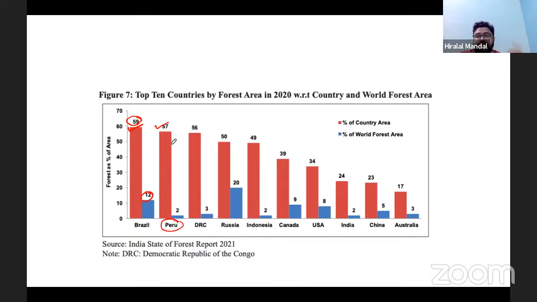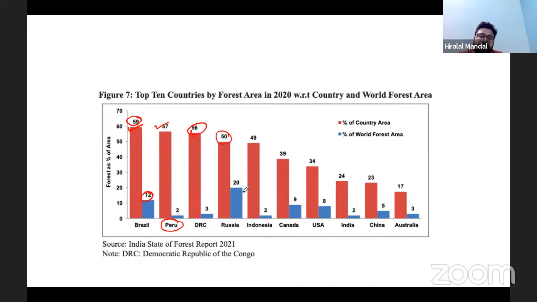Now, remember here, in absolute terms the total area can be less, but out of the total area, if most of the area is covered under the forest, then it can be reflected in this way. So it is in the percentage form. Peru comes second, Democratic Republic of Congo comes third, and Russia comes fourth.